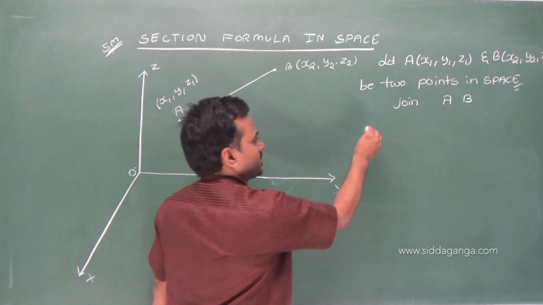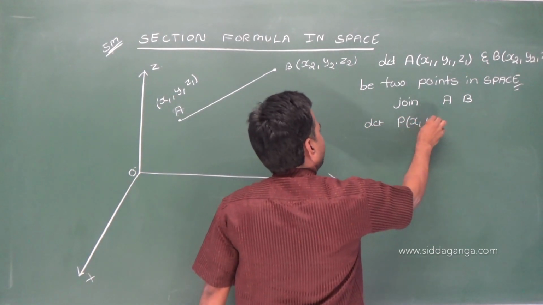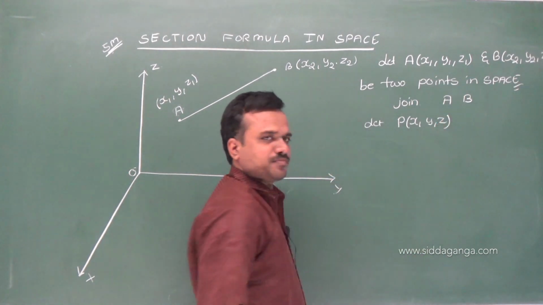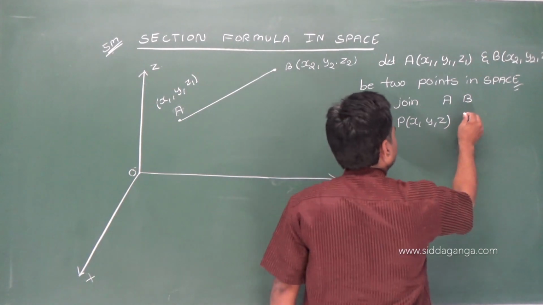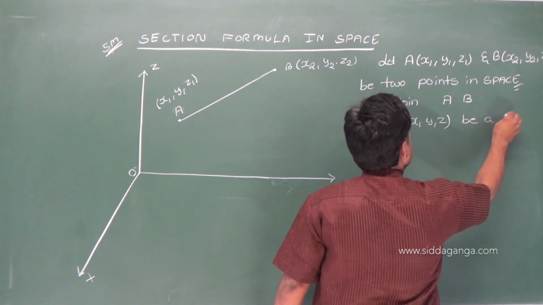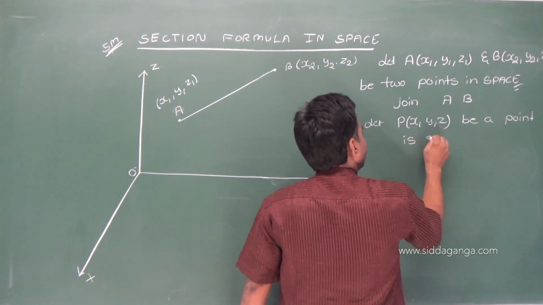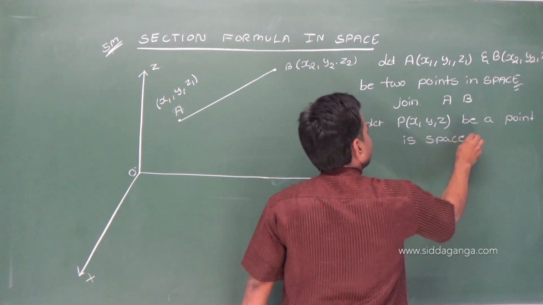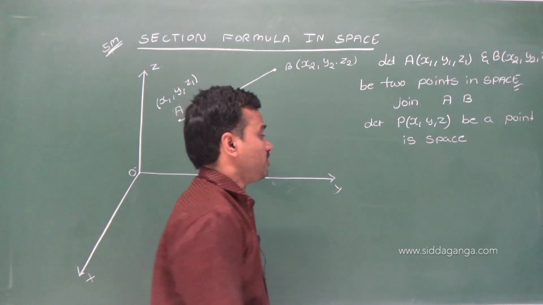Correct? Next line. Let P of x comma y comma z be a point in space. Okay, then we will see what we do.